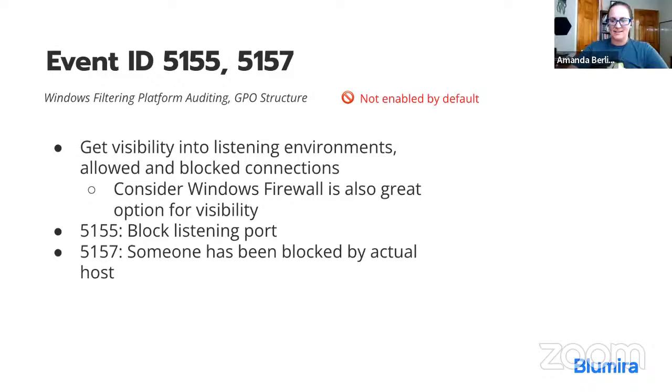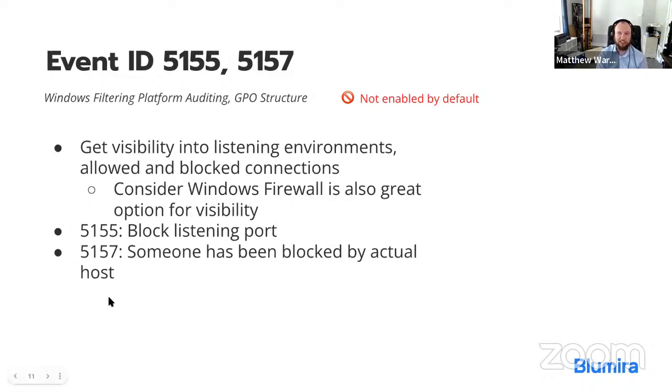So if you want that level of data, just do actual log flow data. It's not helpful in most cases. Windows Firewall will get you, and Sysmon will get you what you need in a lot of cases. You don't need 5156 in most cases, not always, but in most cases. And then 5155 is always great.